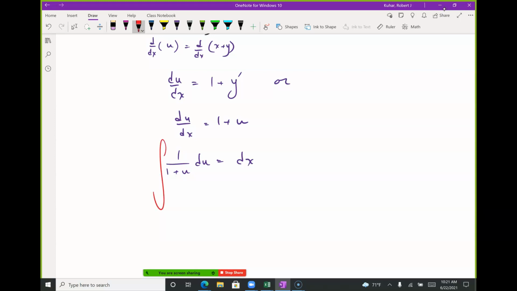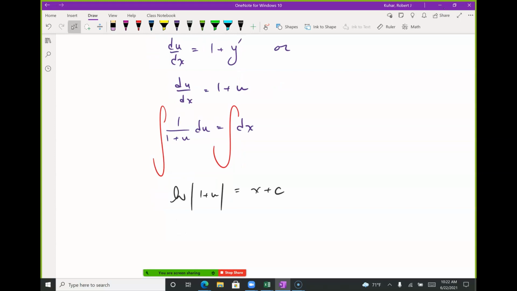So now I'm integrating, right? Okay, I won't wait for you. ln of the absolute value of 1 plus u equals x plus c.